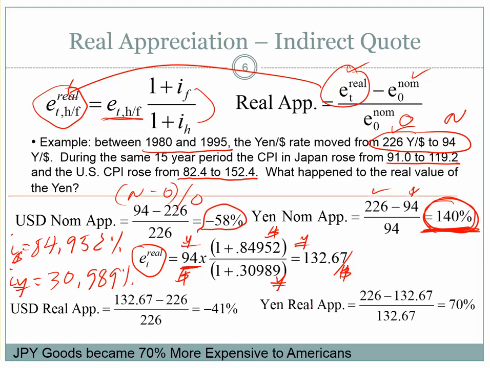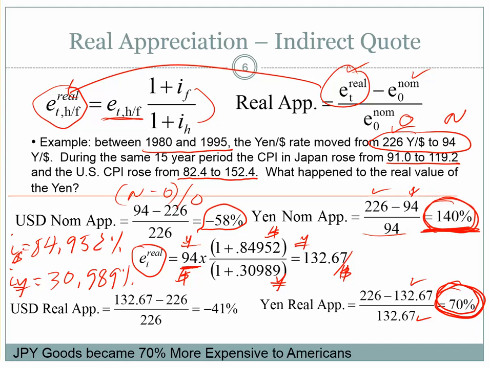So to calculate real appreciation of the dollar on yen, I'll just replace the nominal exchange rate in these equations, the 94, with the 132, the real exchange rate. In this case, then you see the inflation differential is that, well, the Japanese are at a disadvantage, but not 140%, only 70%. All right.